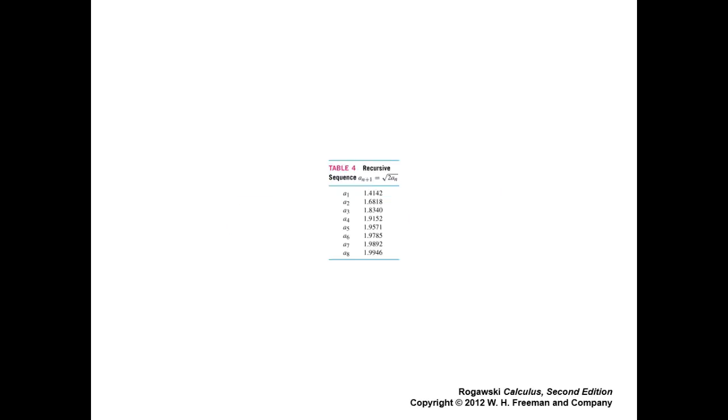Now, they do example 13. Yeah, this is the table for 13. Let's do this. Show that the following sequence is bounded and increasing. Here's the sequence. A sub 1, that's where we're going to start, is the square root of 2. A sub 2 is the square root of 2 times the square root of 2.